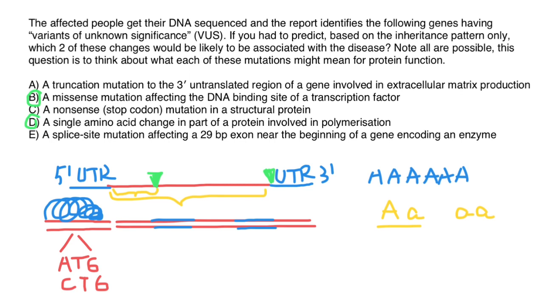This question might have been tricky, but a splice site mutation often leads to skipping the affected exon or mis-splicing. This in turn will lead to a frame shift if the affected exon is not divisible by 3. Frame shift mutation.